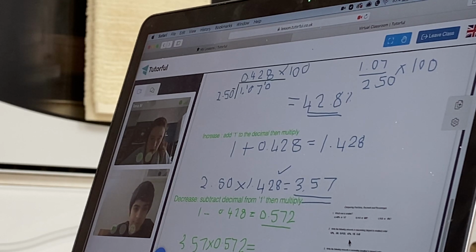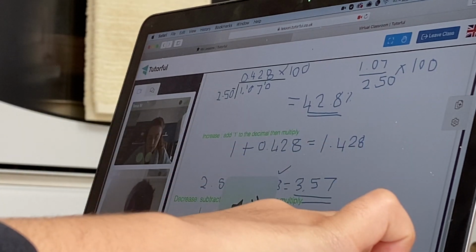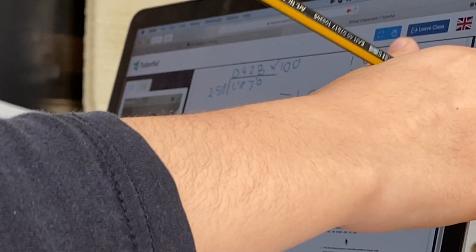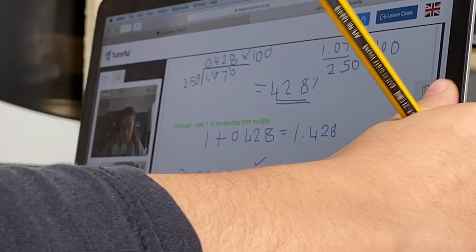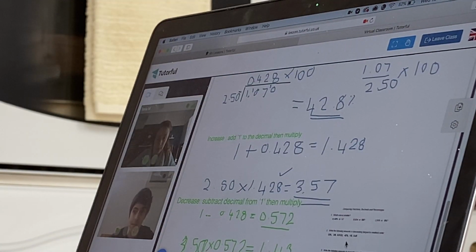Let's do 250 instead. 250 times 0.572. We get £1.43. Yeah, and that's decreasing it by 42.8%. Does that make sense?